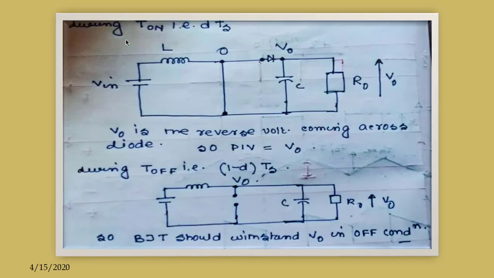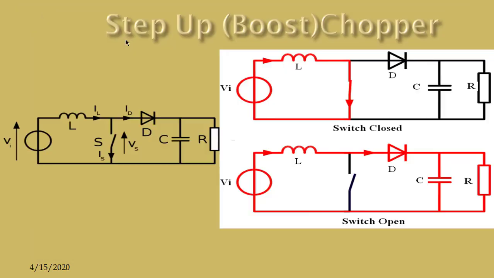Now when we discussed the buck converter, we mentioned that this is the point P, and the voltage here is Vp, which is the pole voltage, and IL is the current through the inductor, ID is the current through the diode, VI is the input voltage, IS is the source current, IC is the capacitor current, and I0 is the load current.